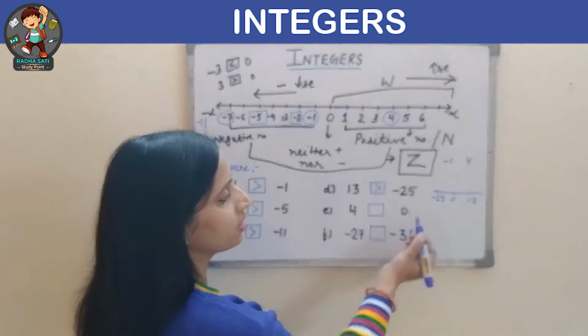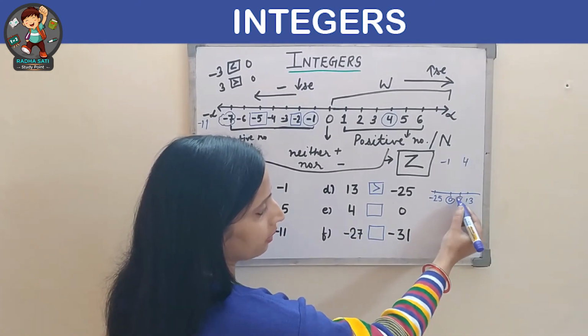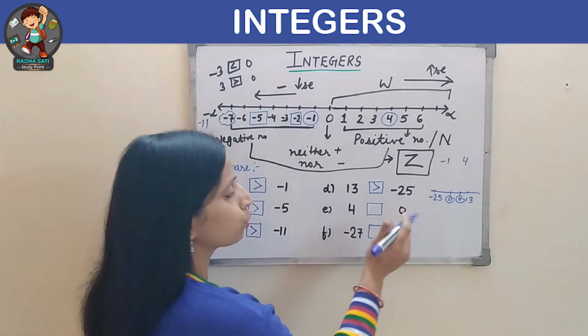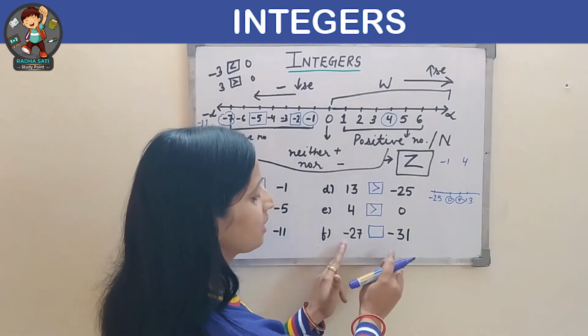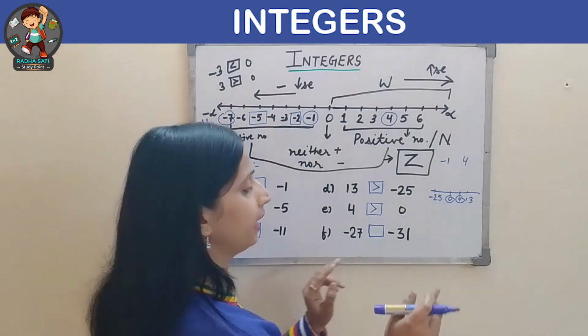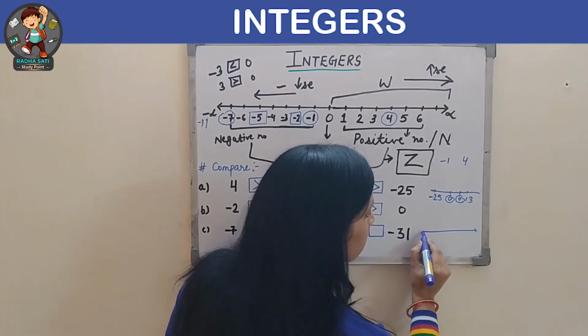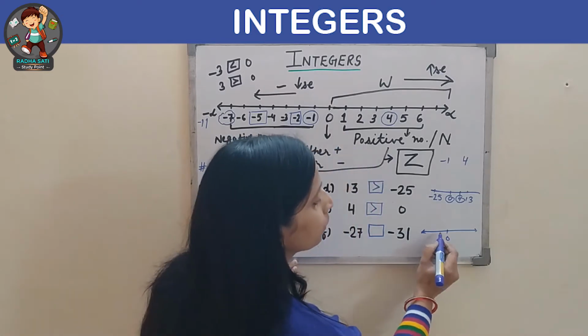Now from 4 and 0. 4 will be somewhere here and 0 is here. So 4 is to the right of 0. So 4 will be greater. So now the next is minus 27 and minus 31. If this is the number line, and if this is 0, both the numbers will be to the left side.